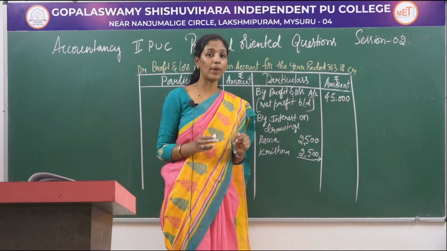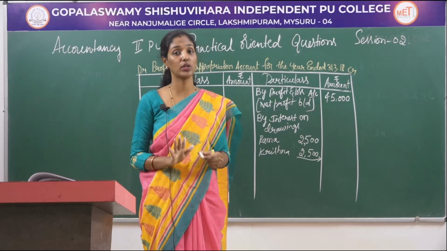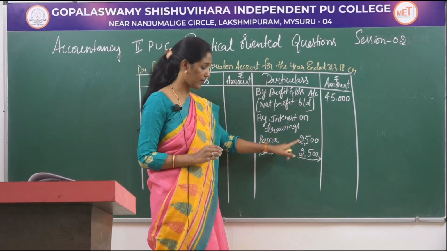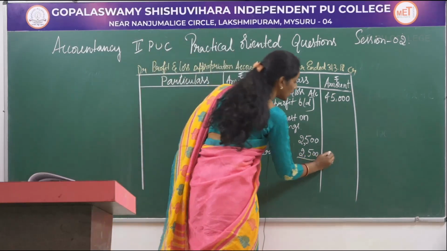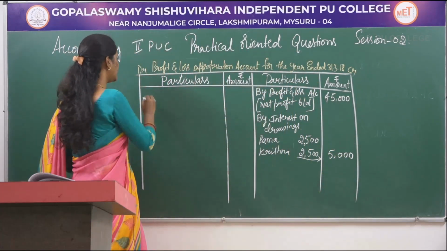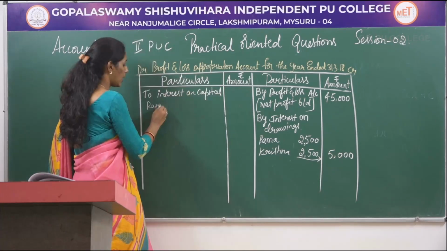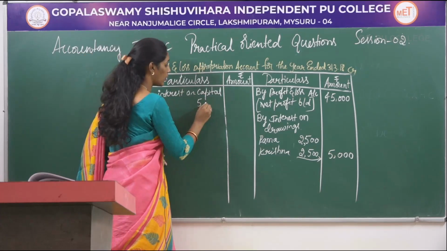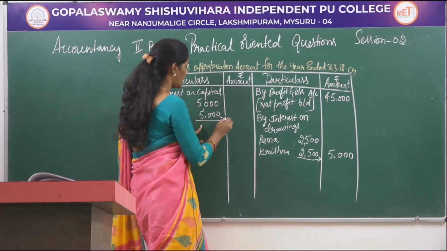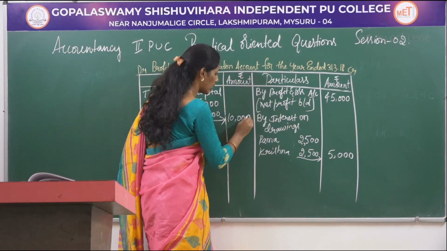But you should prepare profit and loss appropriation account correctly with 5 imaginary figures. So by interest on drawings, Rama 2,500, Krishna 2,500, and it comes to 5,000. And coming to the debit side, to interest on capital, Rama 5,000, Krishna 5,000, and the total of interest on capital is rupees 10,000.